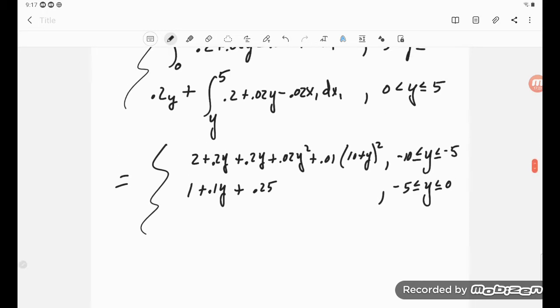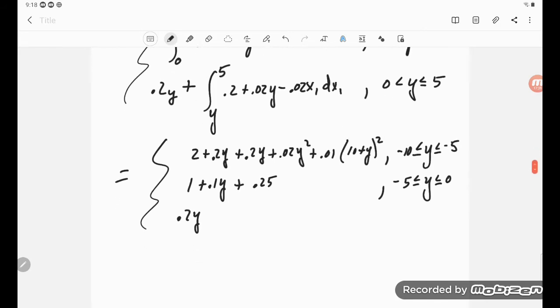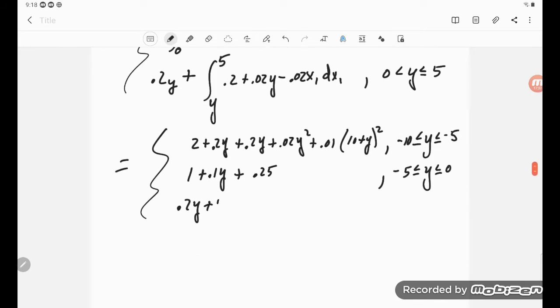And let's see, and then finally I have a 0.2y. And now 5, I know how to put that into there because I just did, so that's plus 1 plus 0.1y plus 0.25.